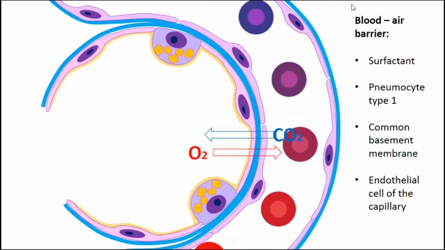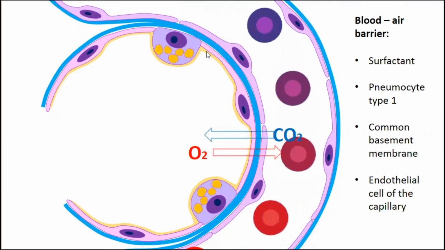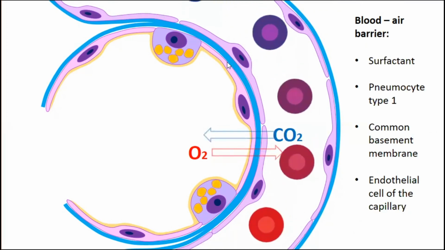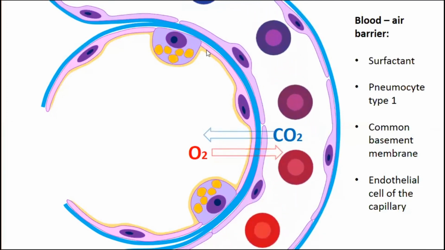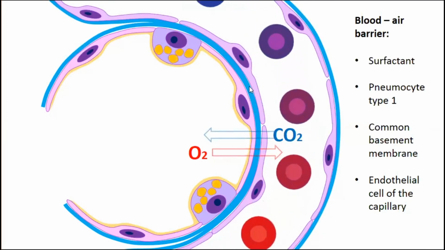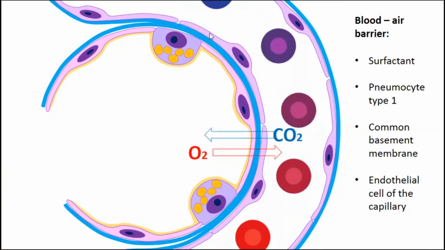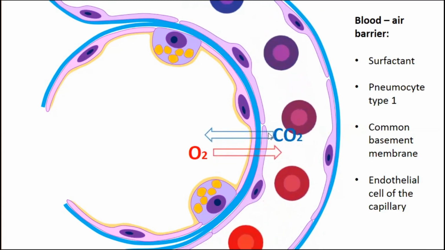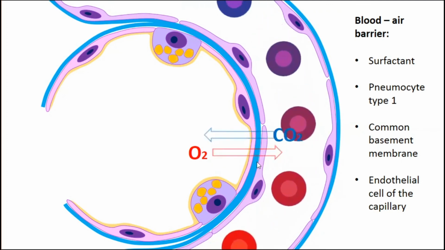The blood-air barrier includes such structures as surfactant, the innermost layer, the pneumocyte of type 1, its cytoplasm, its basement membrane, common for alveolus and capillary, and the endothelial cell of the capillary. These are the layers of the blood-air barrier.